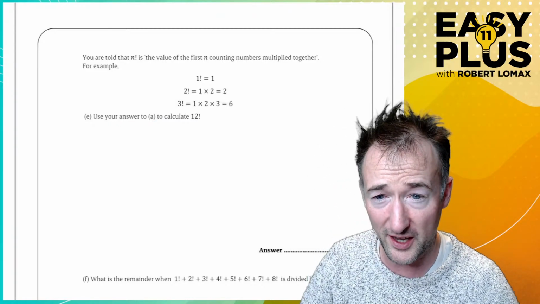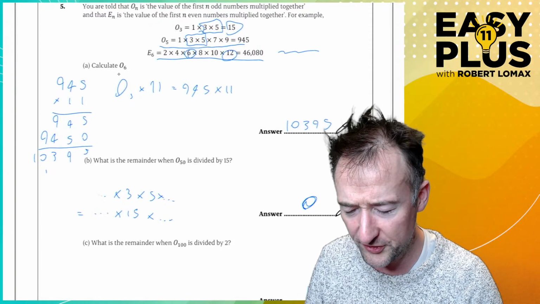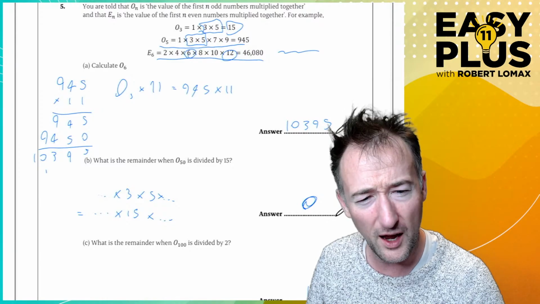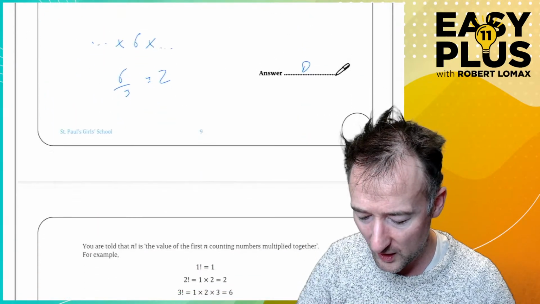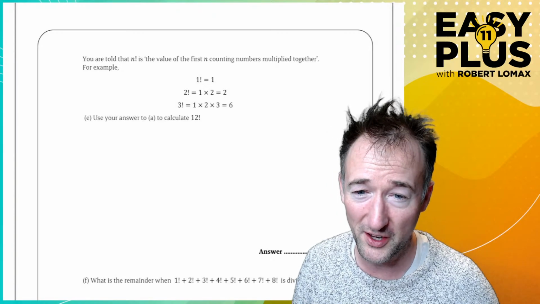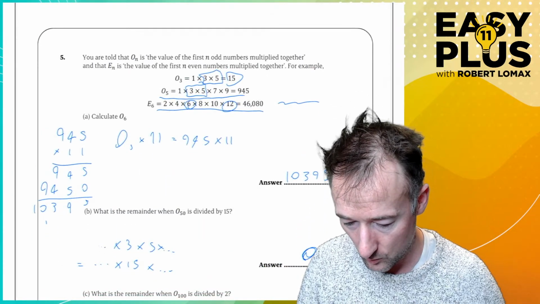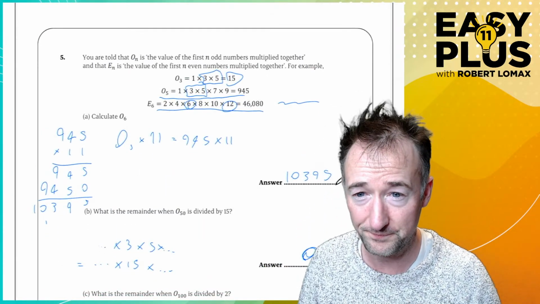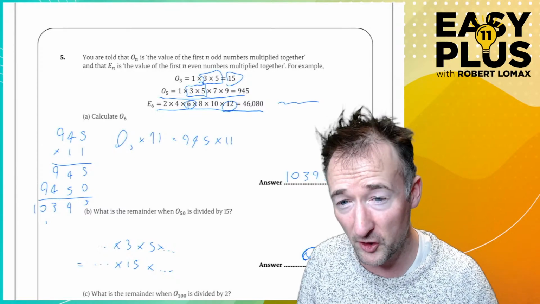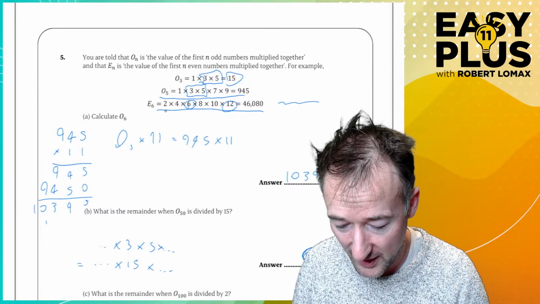What is our answer to A? Our answer to A was 06, so the first 6 odd numbers multiplied together. How's that going to help us? Well, 12 factorial is, if you think about it, the first 6 odd numbers, which are 1 times 3 times 5 times 7 times 9 times 11, multiplied by the first 6 even numbers, which usefully are given to us here.